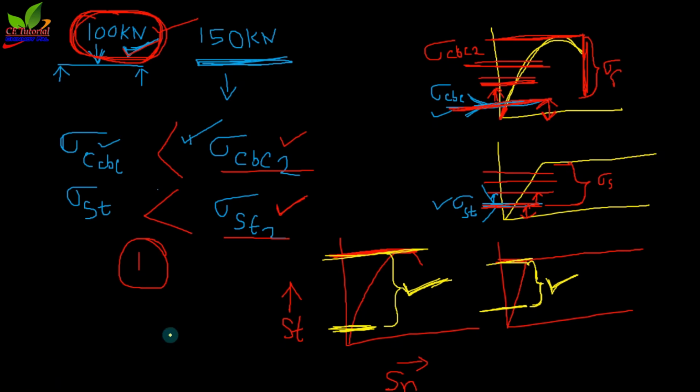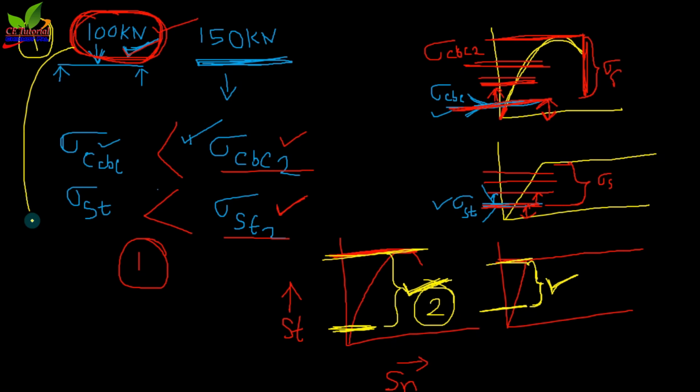All those drawbacks will be eliminated in our limit state method. When I go to the limit state method, you can understand how we can eliminate all those drawbacks. There is a difference: number one is load, number two is material.